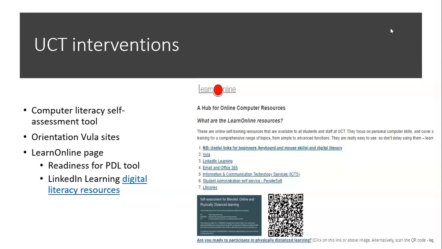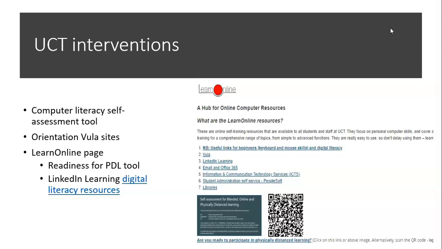Most of them have completed that, although we understand that some who missed the orientation might not have done the self-assessment. But the purpose was that they would do this, and then after that, the orientation leaders were going to be training these students. So I understand this has happened in the faculties.